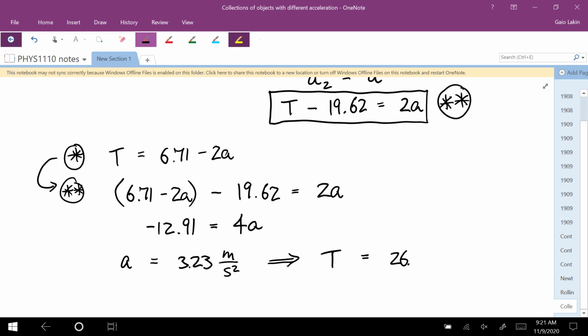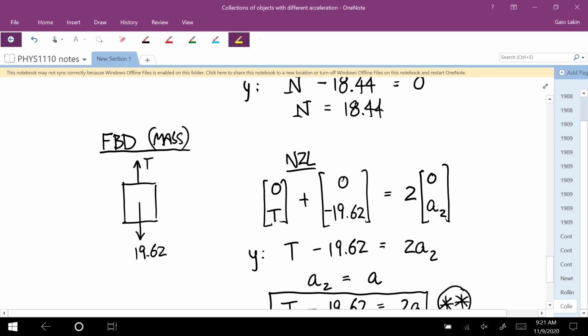Oh, no, that's not. Okay, I made a mistake. I forgot the negative here on the A. But the approach that I was using is right. So we have 2 times negative 3.23 plus 19.62. And you get that T is 13.16 newtons.